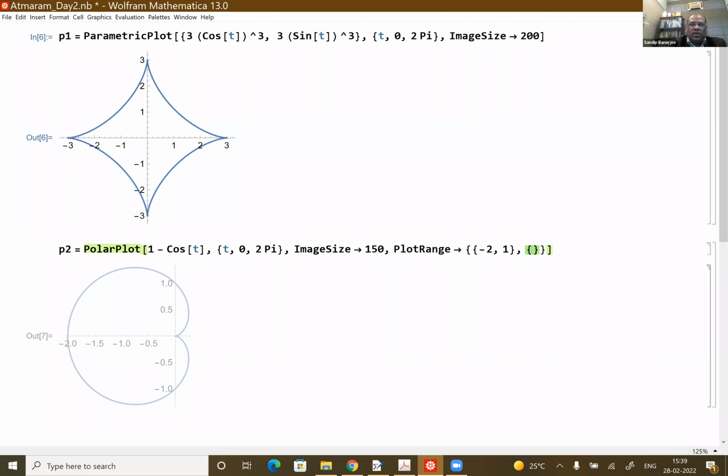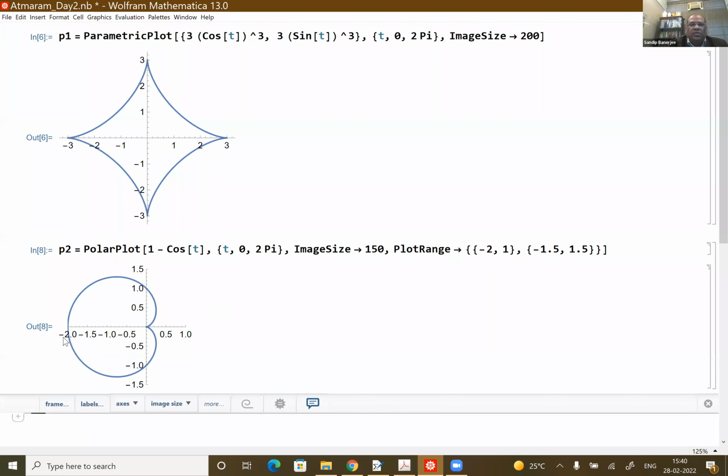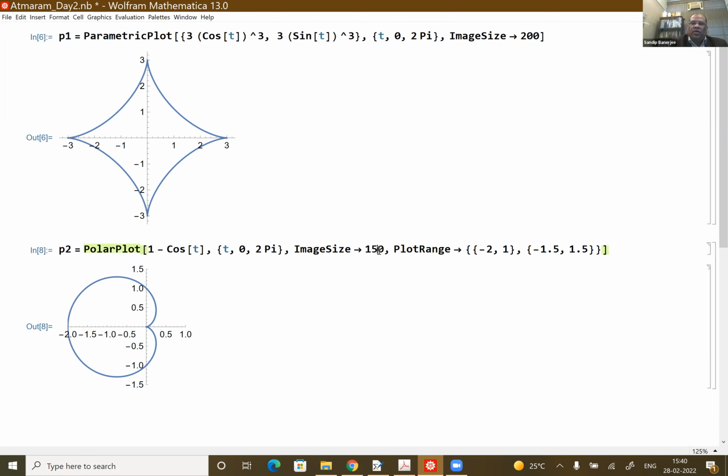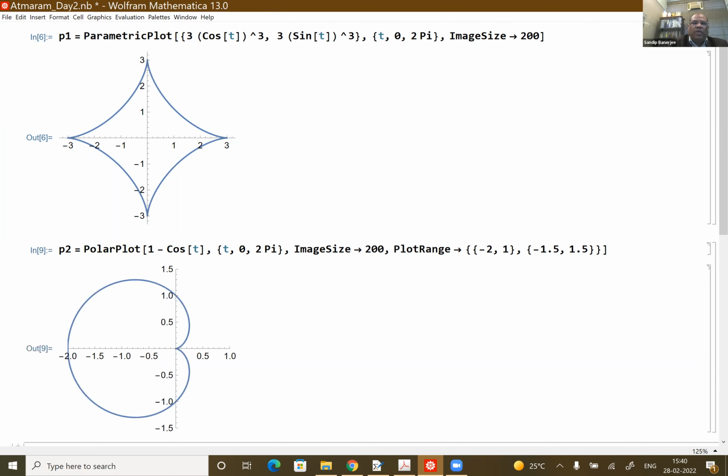And another one say -1.5 to 1.5. And it should be both in curly bracket, this is for the x, this is for the y, and overall they should be in curly. So if I do this, now you can see it is from -2 to +1, and from -1.5 to +1.5. So now 200 would have made sense.